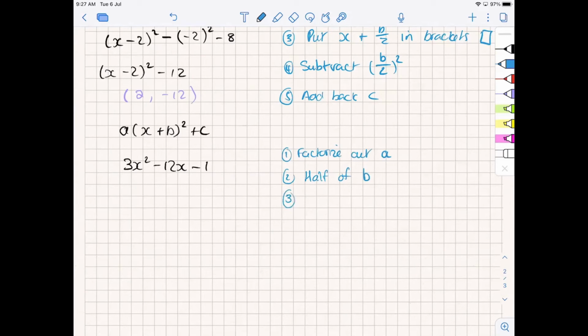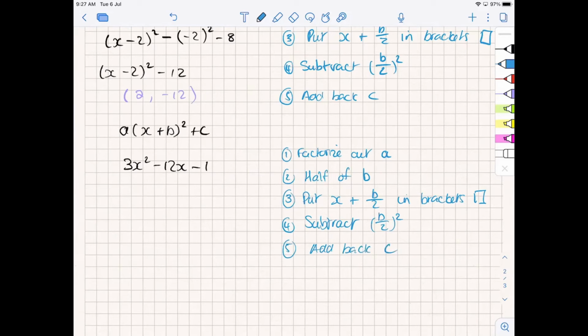We're going to put x and half of b in brackets squared. We're going to subtract b over 2 squared, and we're going to remember to add back c, which was our constant.